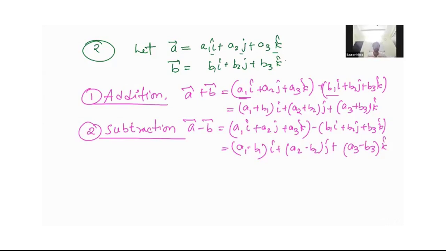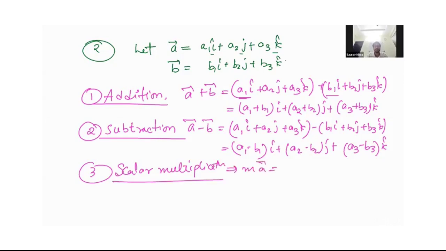This is addition and subtraction; both are done component-wise. Similarly, scalar multiplication of a vector is represented as m a, where m is some scalar number, positive, negative, anything. With a as a1 i cap plus a2 j cap plus a3 k cap, this becomes m a1 i cap plus m a2 j cap plus m a3 k cap. This is scalar multiplication.